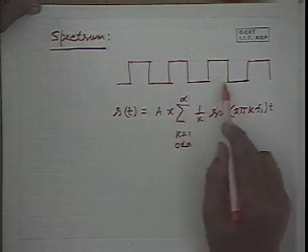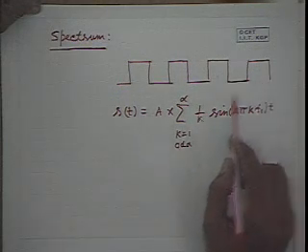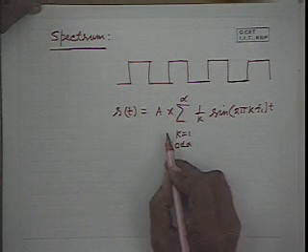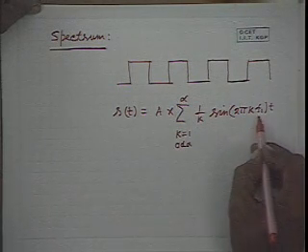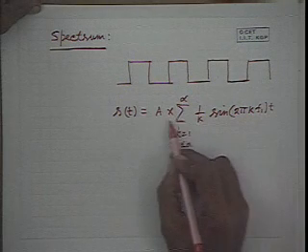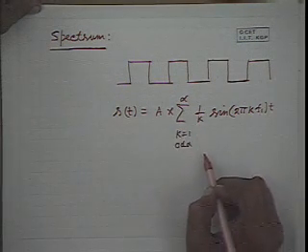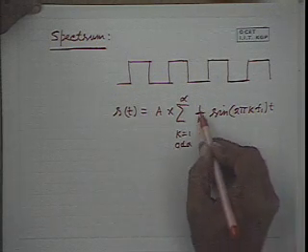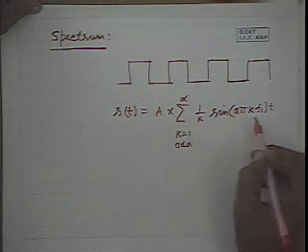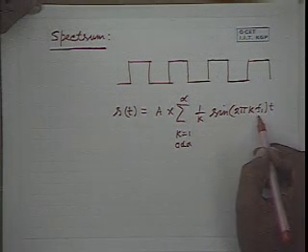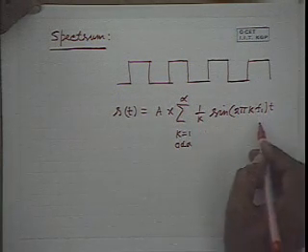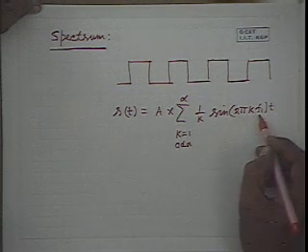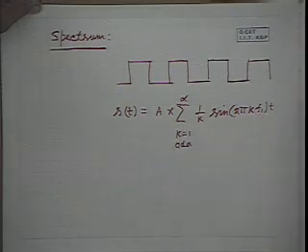That means this particular signal can be considered as a summation of the fundamental frequency f1, which will have the amplitude of A because k is equal to 1. It will have the third harmonic with amplitude of 1 by 3 because here k is equal to 3, and frequency 3f1. Fifth harmonic with amplitude of 1 by 5 and frequency of 5f1 and so on.